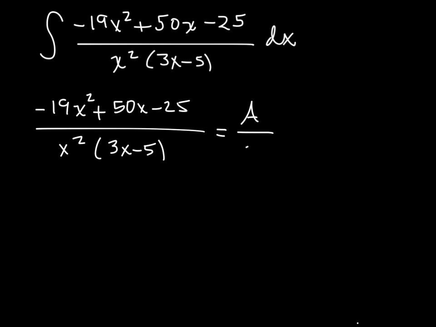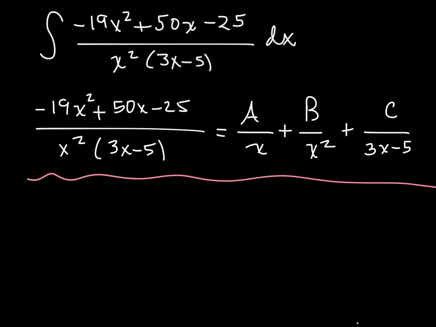So we're going to have A over x and then B over x squared. So one will be x, one will be x squared, and then our C will be that leftover piece, the 3x minus 5.